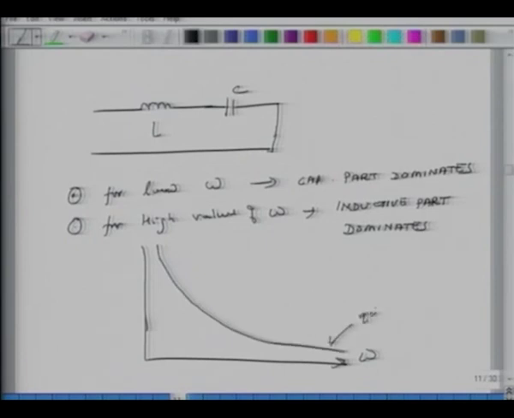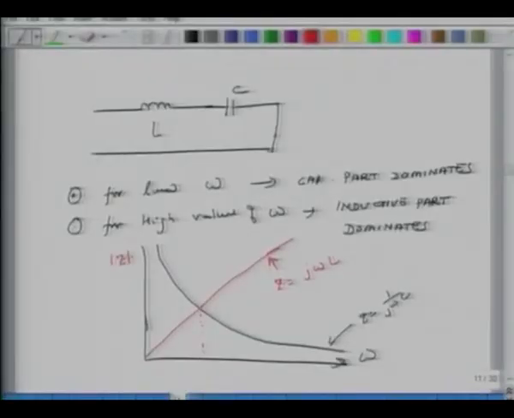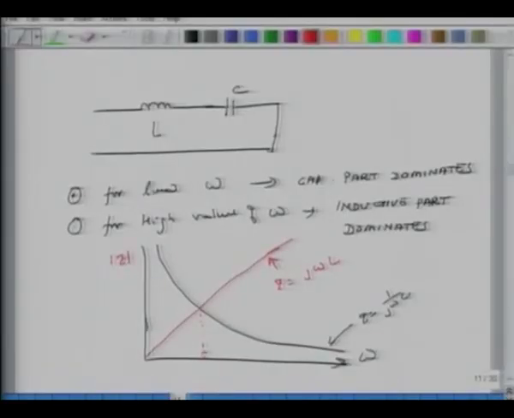So here Z equals 1 over j omega C, and the inductive component will grow with frequency, and here Z equals j omega L. The capacitive part will come from the bottom. I am just plotting the magnitude of Z, otherwise it won't come out to be 0. So this is the crossover point, and the value at which these two become equal is 1 over square root of LC.